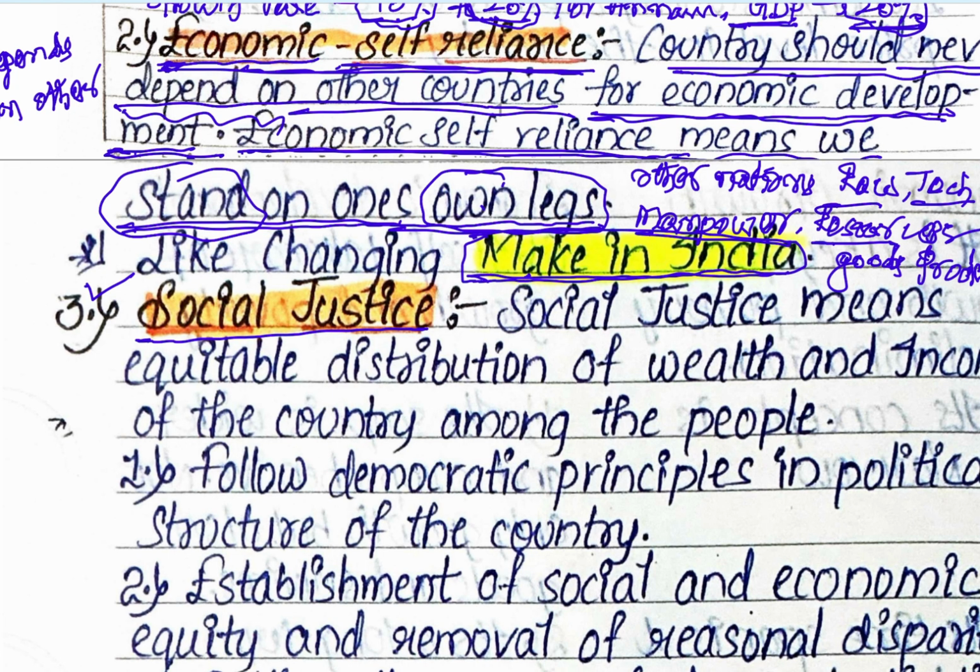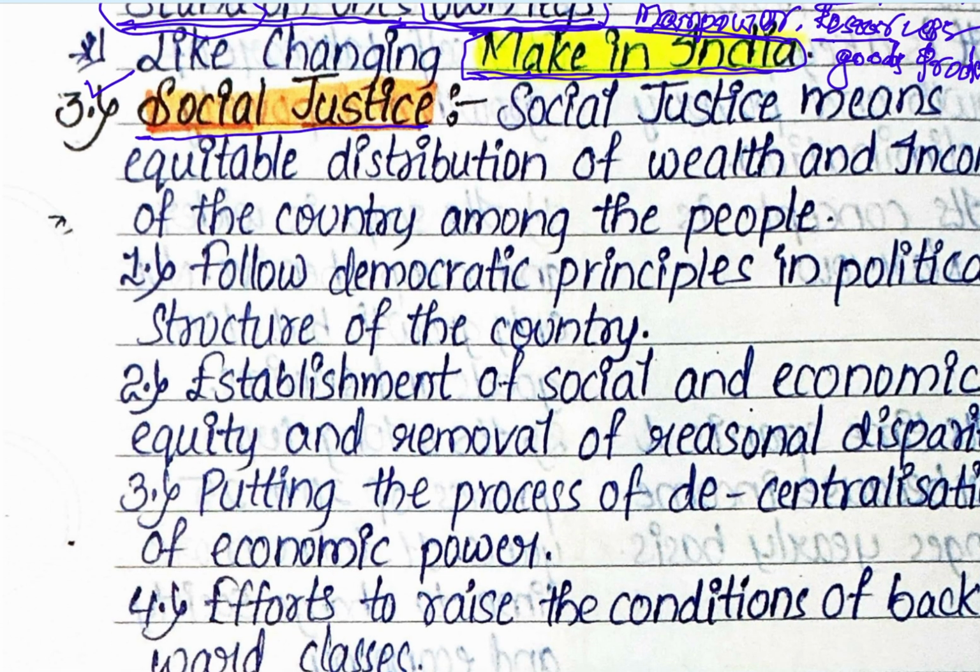Social justice means in our society justice should be provided equally to every person, justice for everyone, not for a few persons. That is also an important objective of economic development.